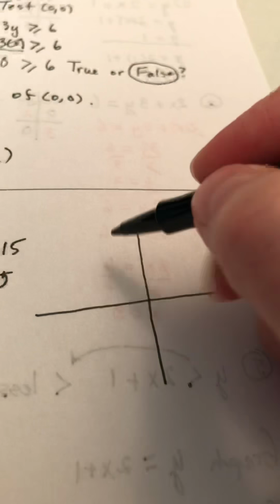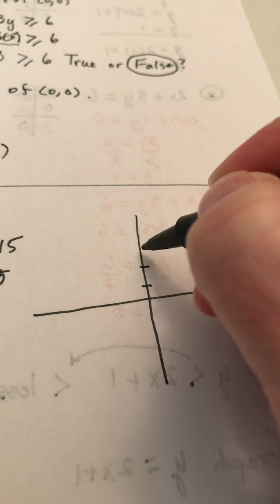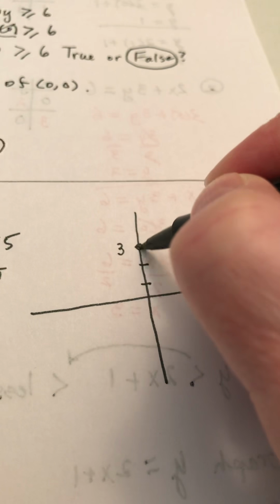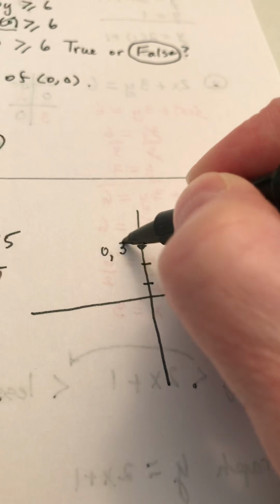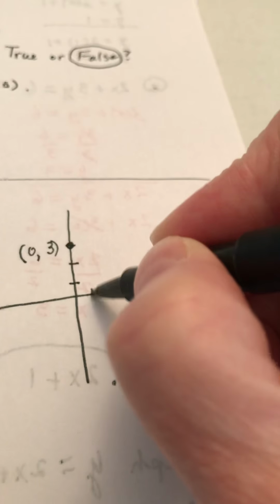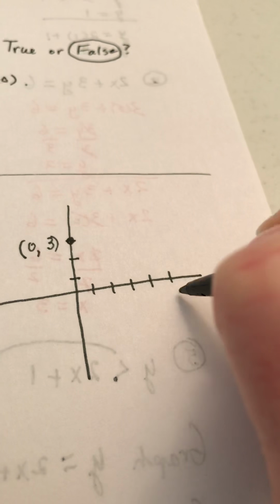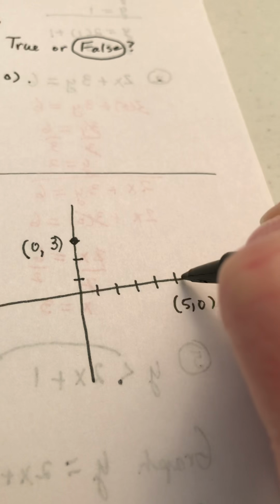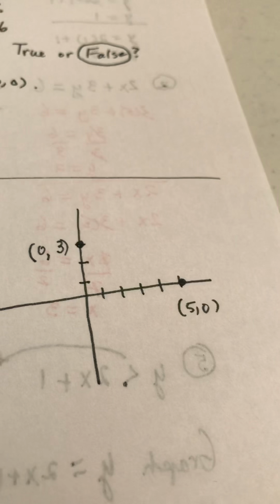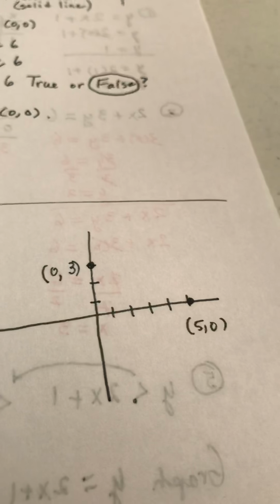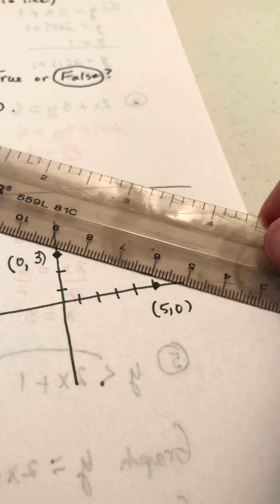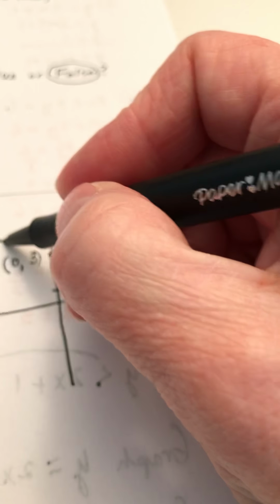And this is just a standard window here. So I'm going to go 3 in my y direction. That's 0, 3. And then 5, 1, 2, 3, 4, 5, 0. Those are my intercepts. And I'm going to get my straight edge and connect those.